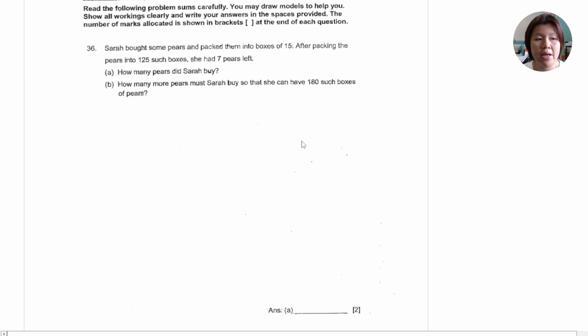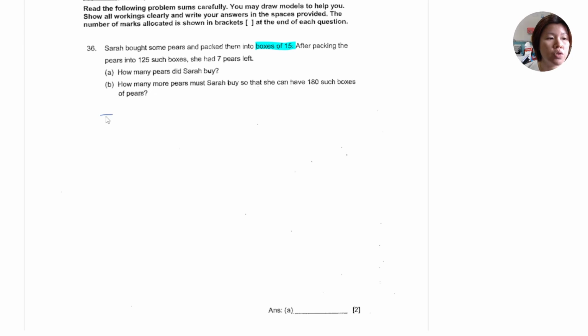Sarah bought some pears and packed them into boxes of 15. After she packed 125 boxes, she had 7 left. So how many pears did she buy? So since I know I got 125 boxes and it's in boxes of 15, meaning one box is 15, so I can find total pears in boxes, which is 125 times 15.